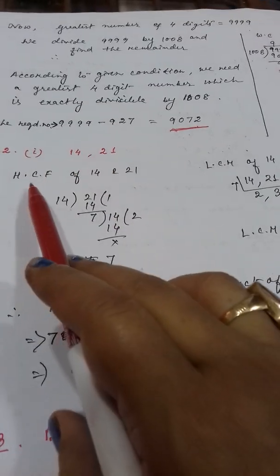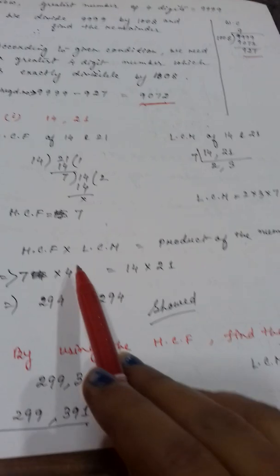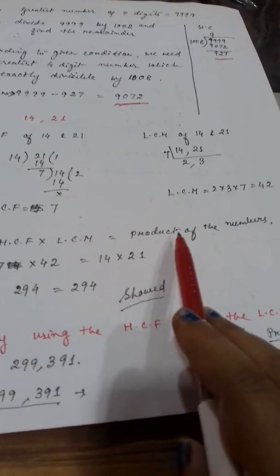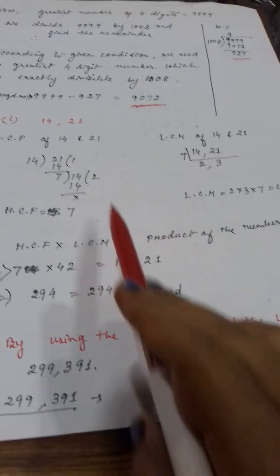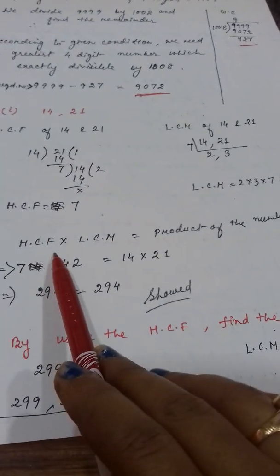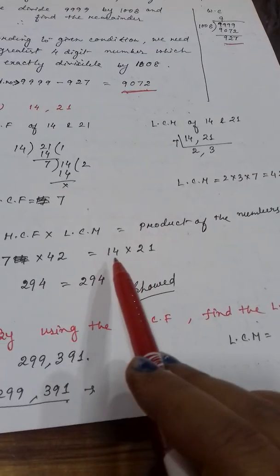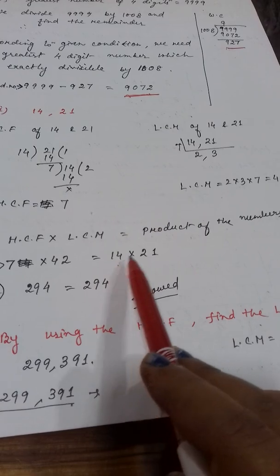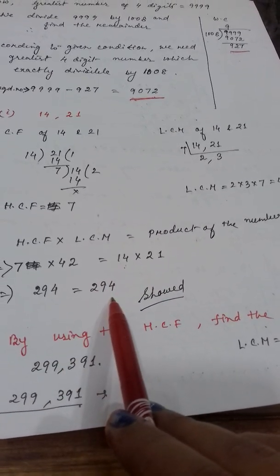You have to find the HCF and LCM of the two numbers, then show the left-hand side is equal to the right-hand side. That means HCF into LCM is equal to the product of the given numbers. See, your HCF has come 7, LCM has come 42, and on this side the product of the original numbers, 14 into 21. So both sides the numbers have come the same.